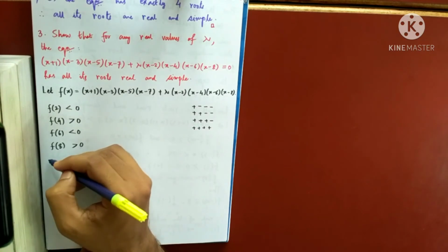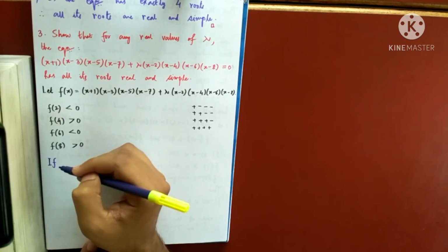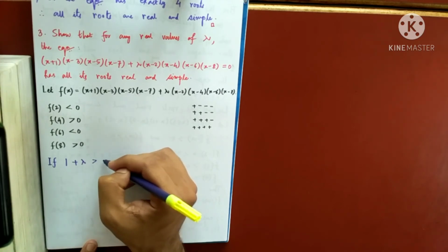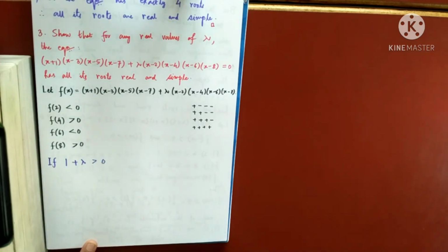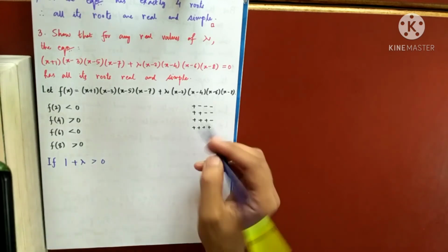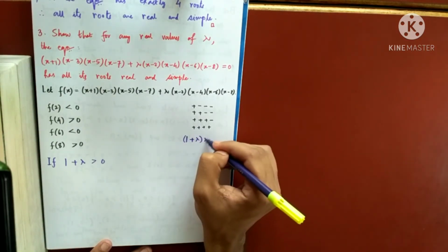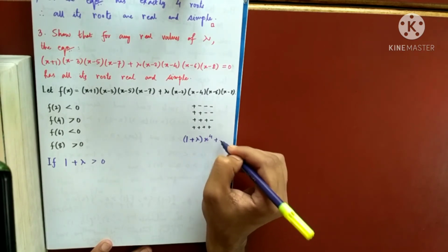if 1 plus lambda is more than 0. Why am I considering 1 plus lambda? As already said, the coefficient of x to the power 4 is 1 plus lambda, and there are other terms.